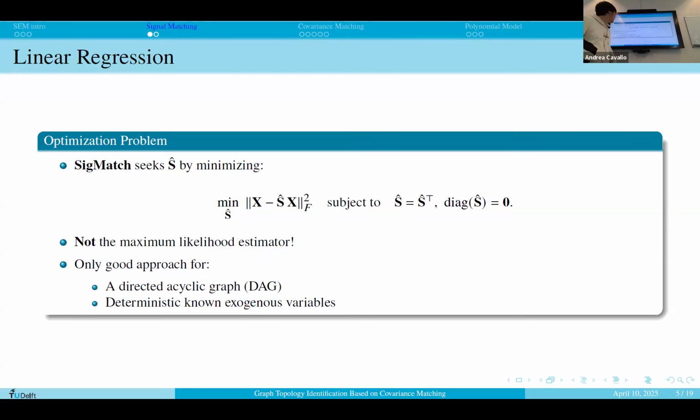But actually, if you add a log det term here, this one is going to be the maximum likelihood estimator, but the log det is something very non-convex and hard to handle. So this can be regarded as a simplified form of the maximum likelihood estimator. And this approach only works for DAGs, because for a DAG the log det term vanishes, it's a constant.